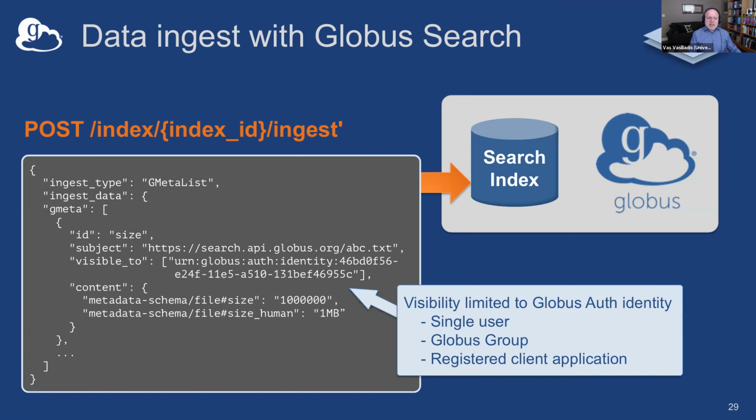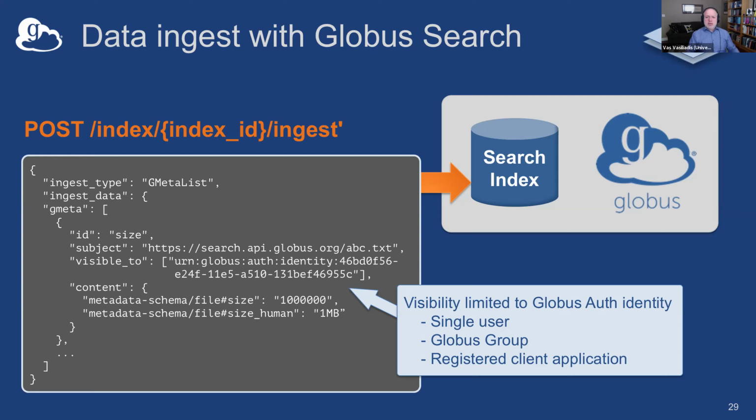Here's another example where I'm limiting the visibility to a specific Globus Auth identity. That could be a single user, but more typically it's a Globus group, so that I can make that metadata visible to anybody who's a member of that group.